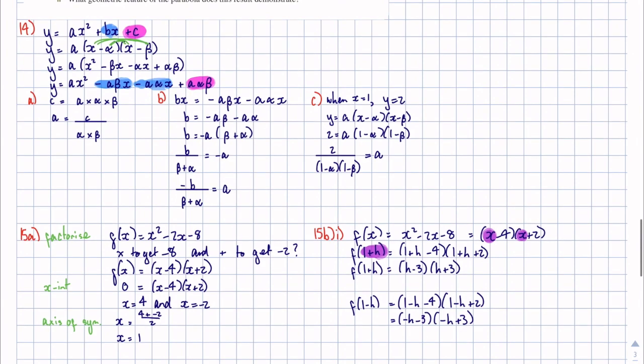What do I notice? 1 take h is just the negative of 1 plus h. Would that make sense?